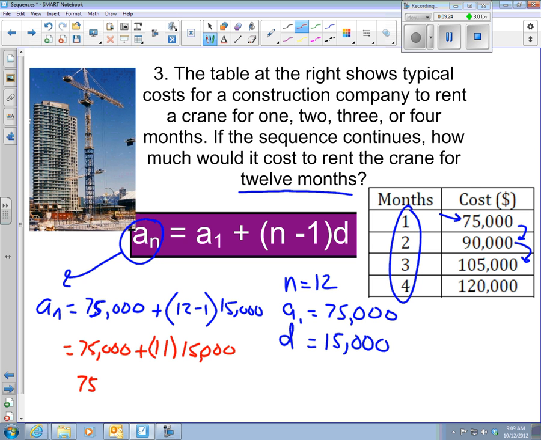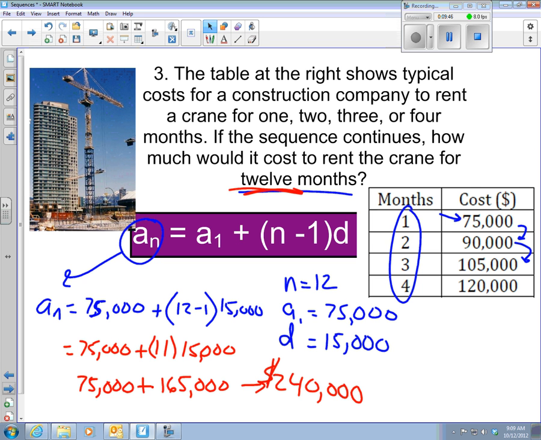So this is 75,000 plus 165,000. Adding those two together, we get 240,000. So renting this crane for 12 months, for a year, is $240,000.